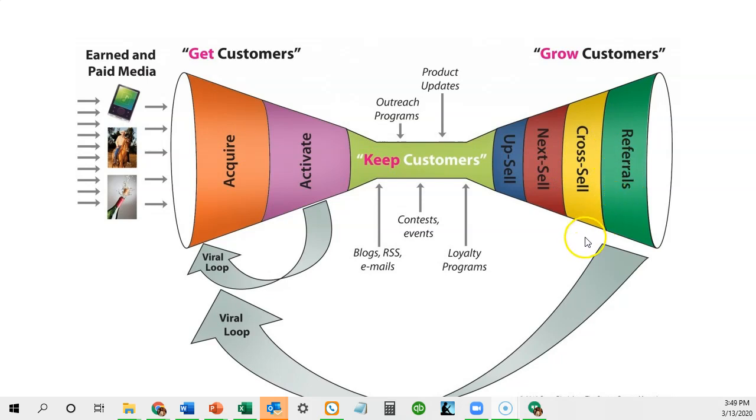And referrals, where they later also continue the viral loop. And you'll have different ways of getting them. So earned media, and this could be ads that you do. This could be online ads. It could be billboards. It could be mail, direct mail, and things along those lines.